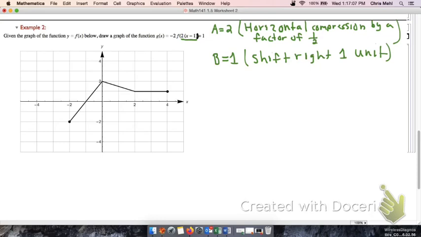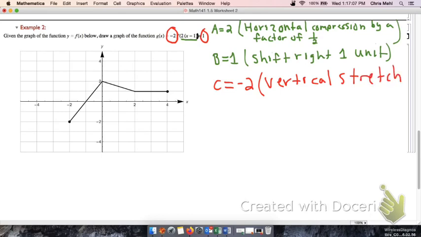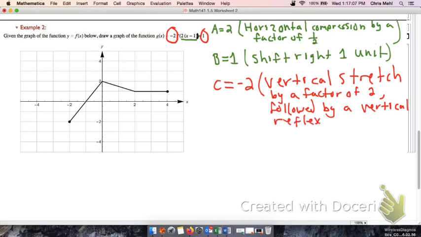Now work your way on the outside of the parentheses. Okay, I've got my capital C and my capital D right here. I'll just leave that in red. So capital C is negative 2. Okay. This is going to be a vertical stretch by a factor of 2, followed by a vertical reflection, or a reflection over the x-axis.